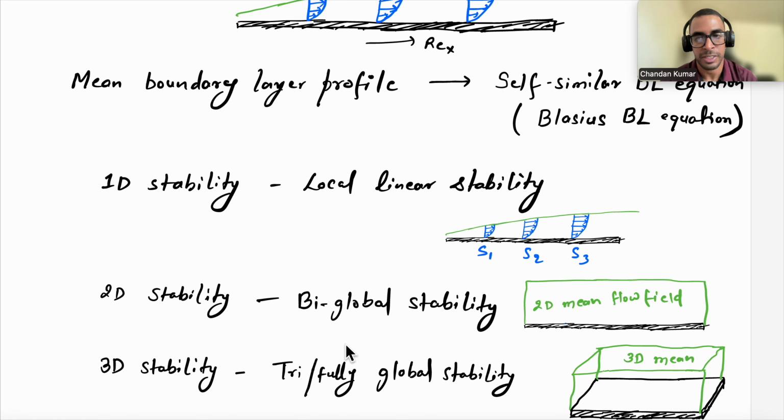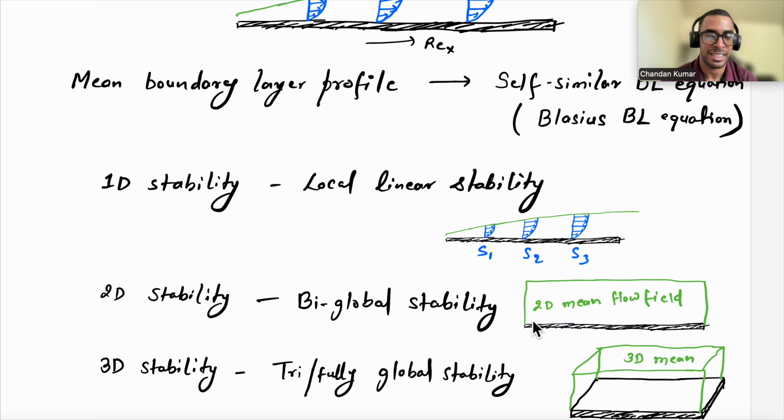For the current work, we are going to look into the 1D stability analysis, that is, local linear stability. By local, I mean that we solve the stability equation at each individual location, as station 1, station 2, station 3. While 2D stability, we call a biglobal stability analysis.